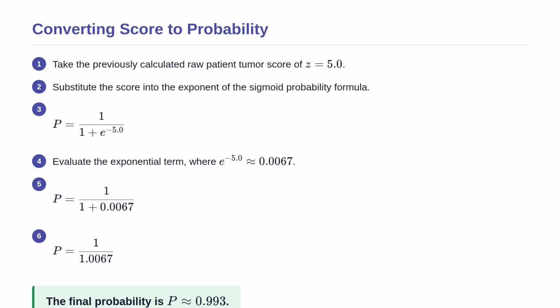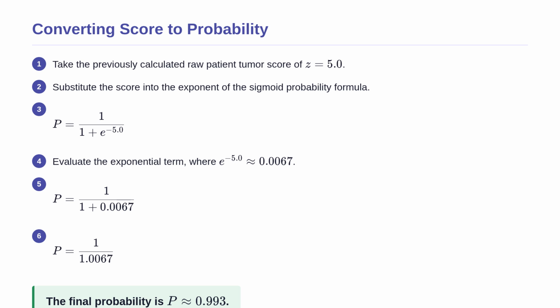Now that we have the sigmoid formula, let us apply it to our patient's raw score of 5.0. We want to know the actual probability that this specific tumor is malignant. We substitute our score of 5.0 into the exponent of the formula. The exponential term evaluates to a very small number, approximately 0.0067.